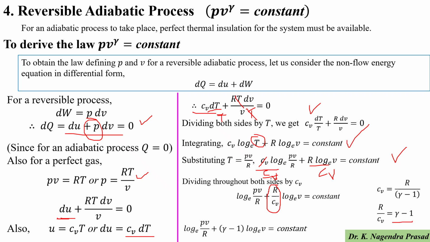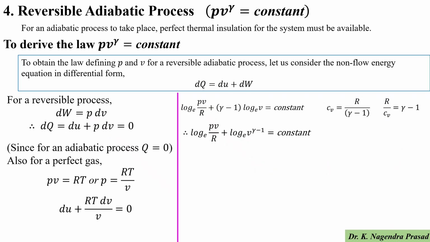Then this equation becomes log base e PV by R plus gamma minus 1 into log base e V equal to a constant. Next we can rewrite this equation: log base e PV divided by R plus log base e V to the power gamma minus 1 equal to a constant.